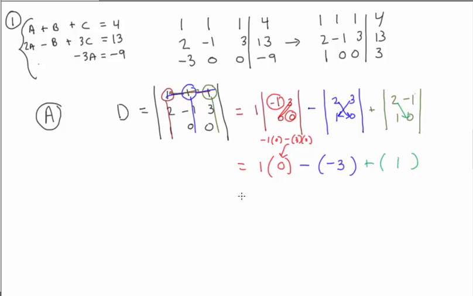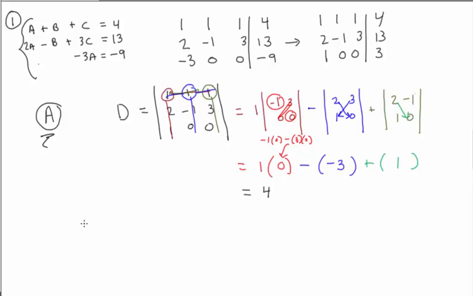If I add those up, I get 4. Yep, I get a 4. So that's going to be the denominator. Now that's going to be true whether I'm solving for A, B, or C. The denominator is going to equal 4.